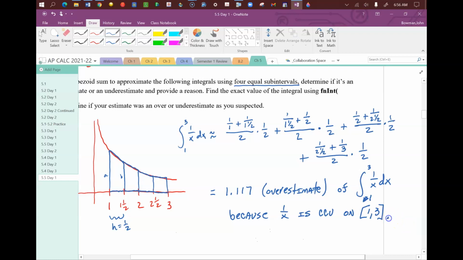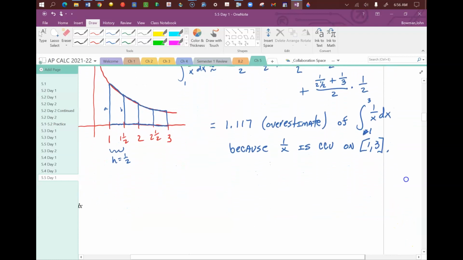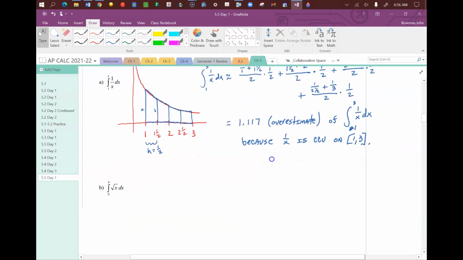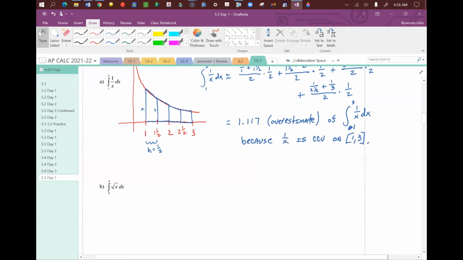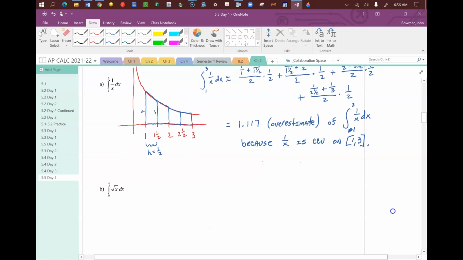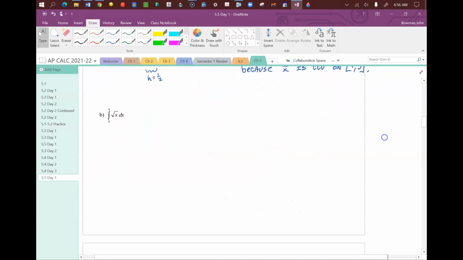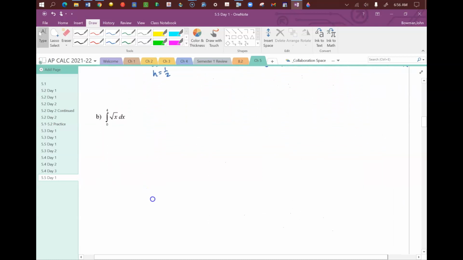Don't forget, you have to be able to justify those reasons as well. And you can verify that that's an overestimate, and you can verify that value that we got for our estimate using your calculator.